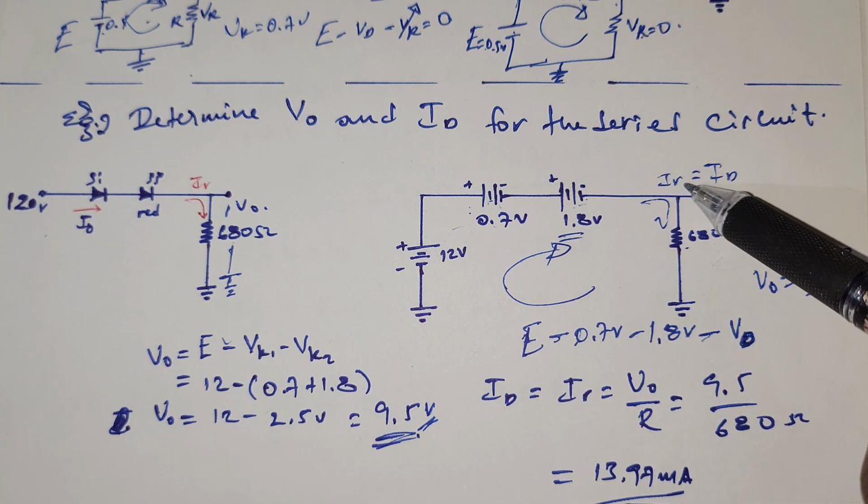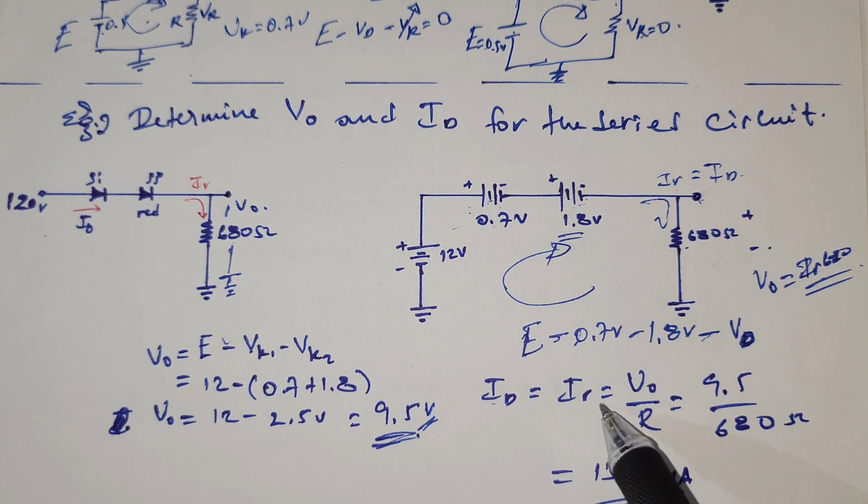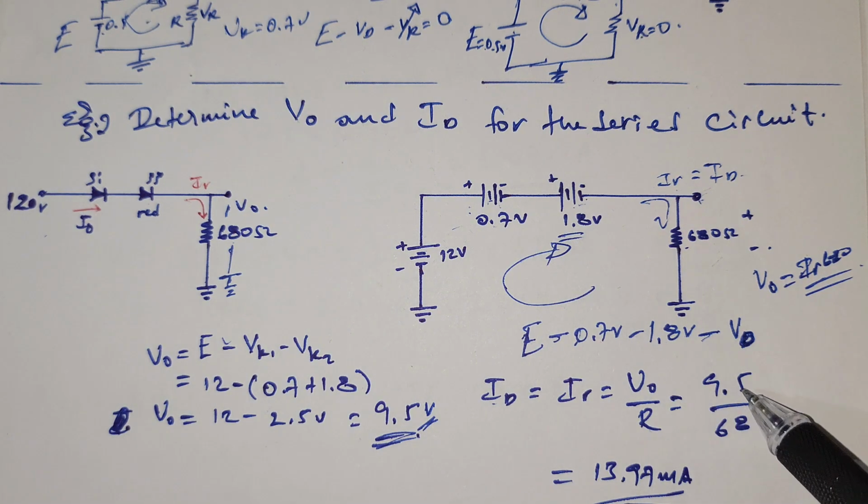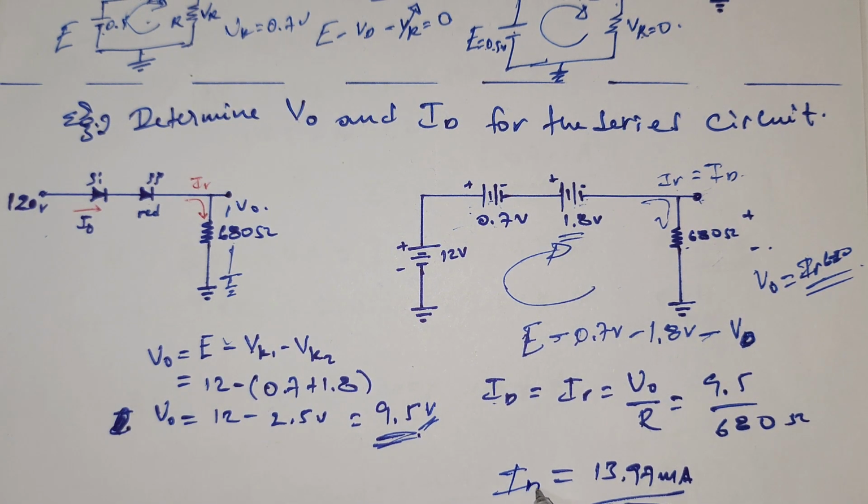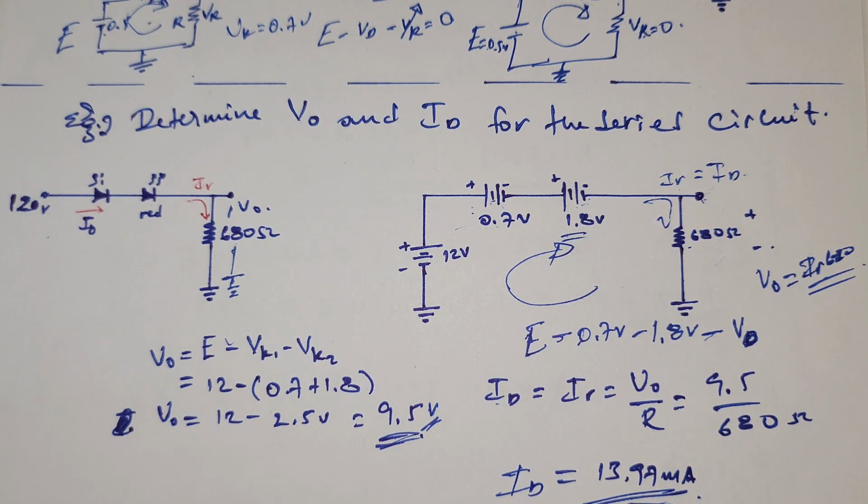ID is equal to IR, which is equal to V output over R. The V output is 9.5, and the resistance of the resistor is 680 ohm. So ID or IR is equal to 13.97 milliampere. This is how we analyze the circuit.